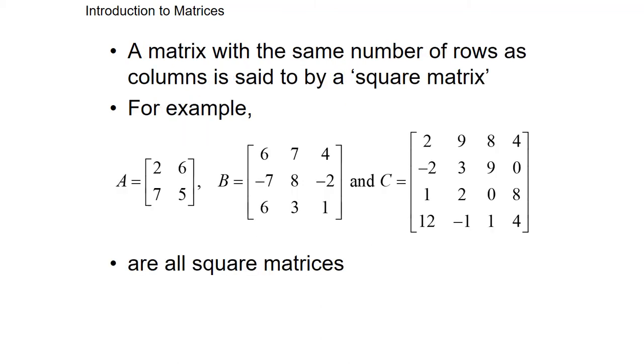If a matrix has the same number of rows as it has columns, we say it is a square matrix. The matrices A, B, and C here are all square matrices. We have a 2 by 2 matrix, a 3 by 3 matrix, a 4 by 4 matrix. We will see that there are some matrix operations that square matrices can carry out that non-square matrices cannot.